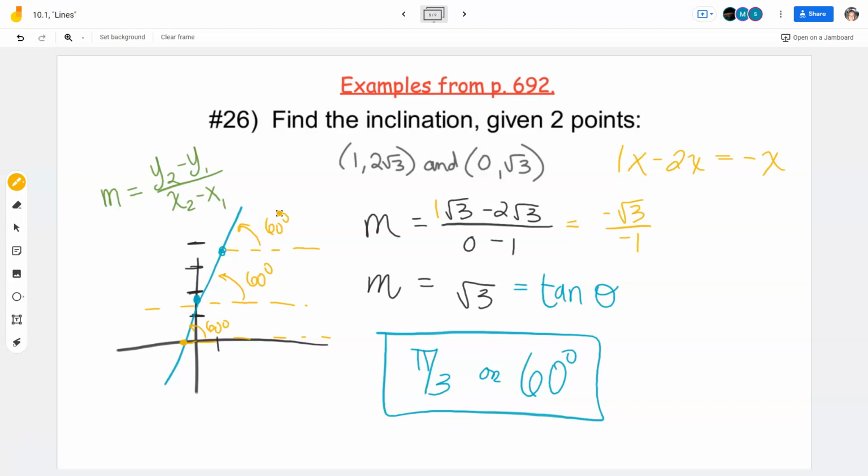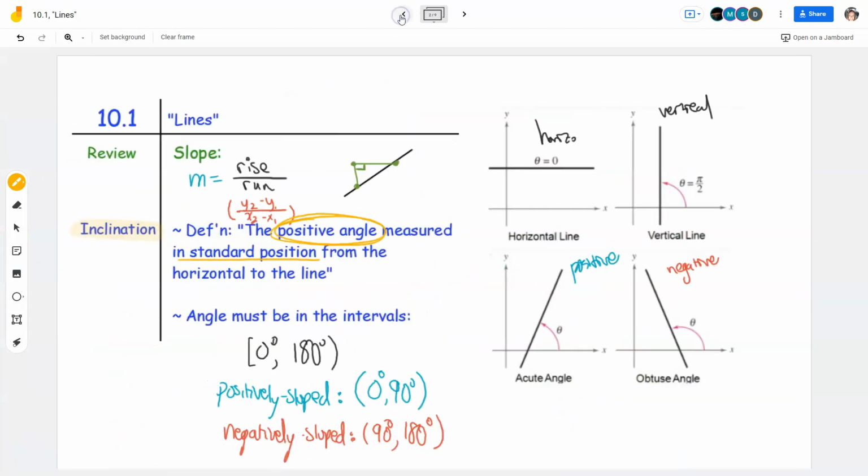Right, Corian? So it could also be 210, except an inclination is defined to be 0 to 180. So 210 would be redundant. We said we just want one inclination for every line, not two inclinations.